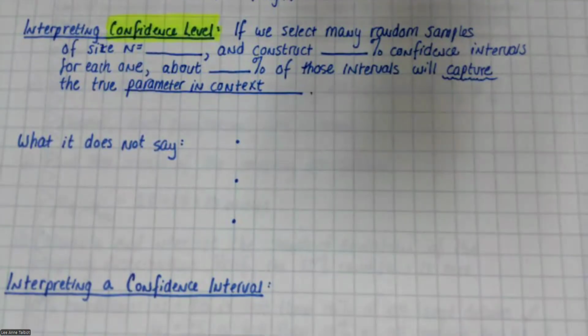And this part of the notes, this what it does not say part. I know there's problems in the homework that are going to ask you if you can use a confidence interval for certain things. I can't remember exactly what the homework problems say, but I know this bit comes up in the homework.